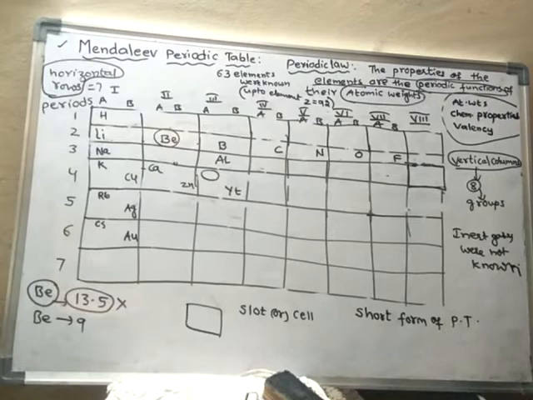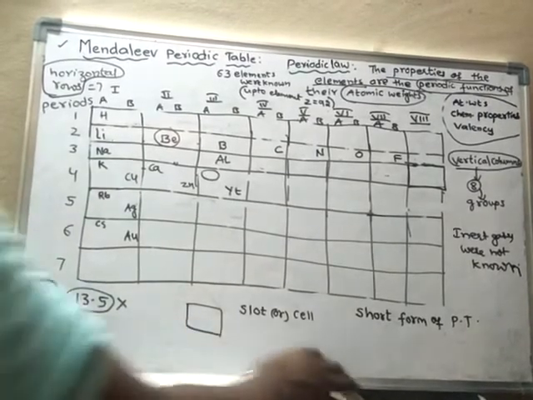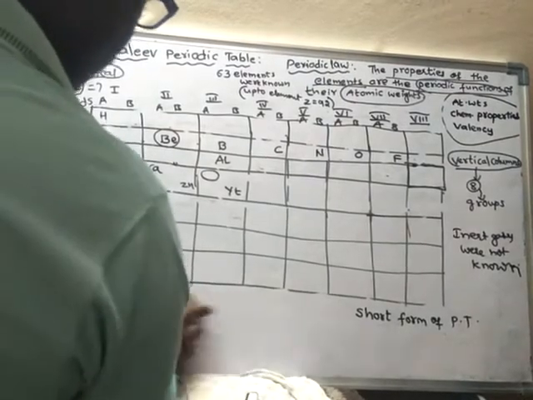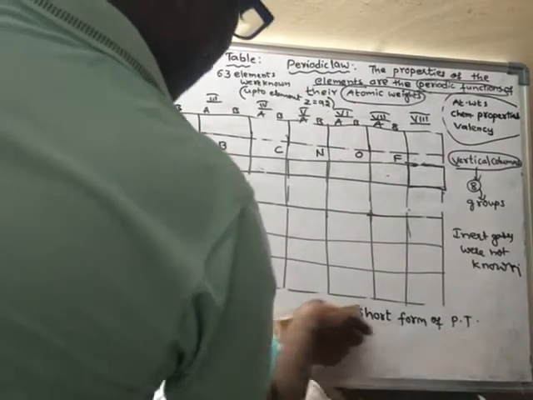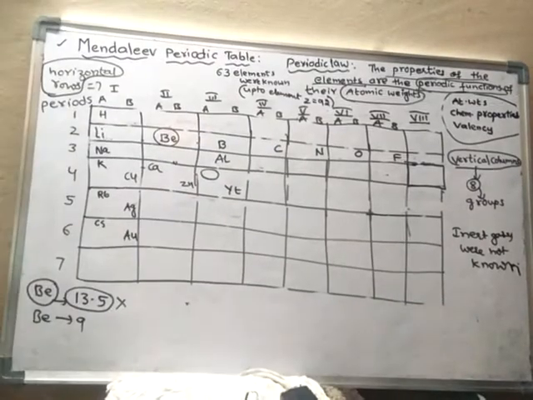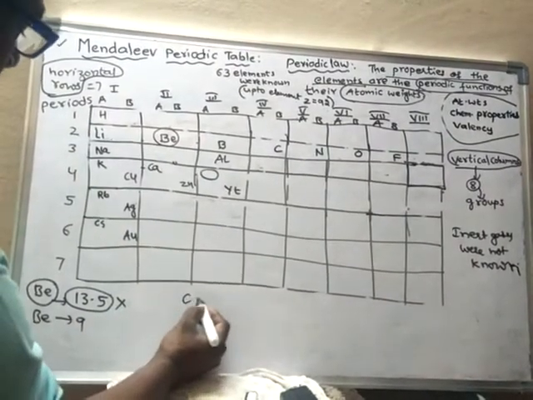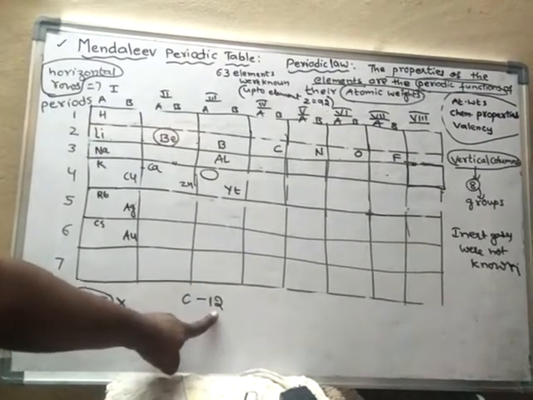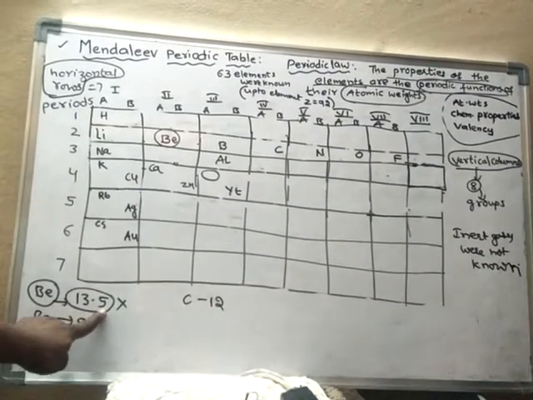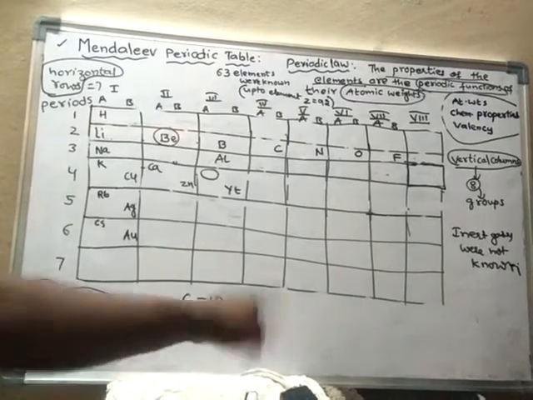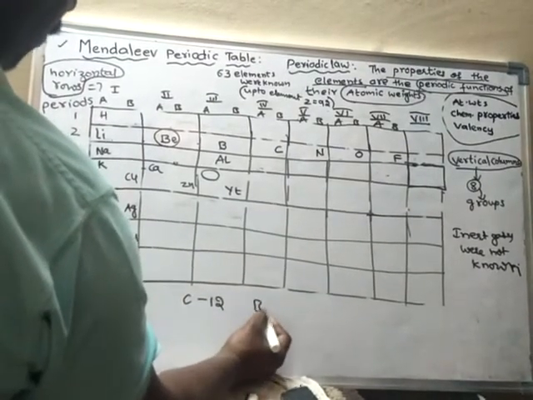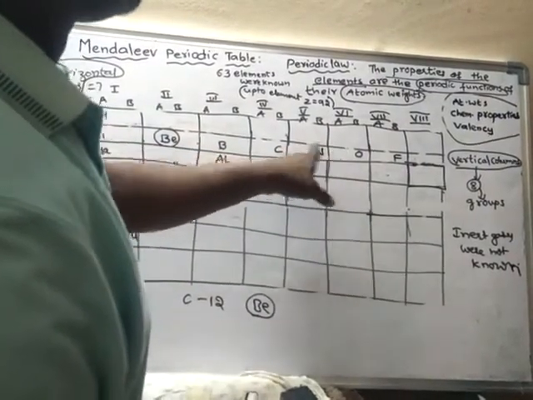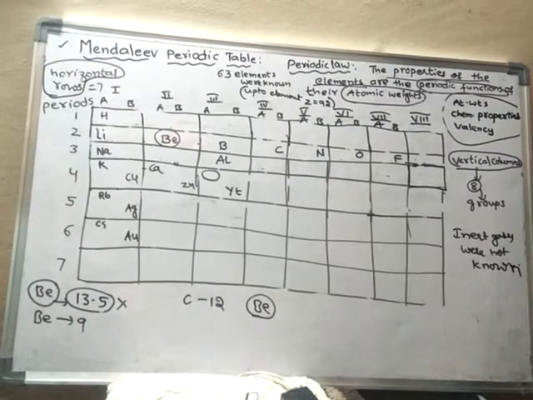So suppose if beryllium's weight is 13.5, then beryllium should be placed after carbon, because carbon's atomic mass is 12. Beryllium should be placed after carbon, somewhere here.